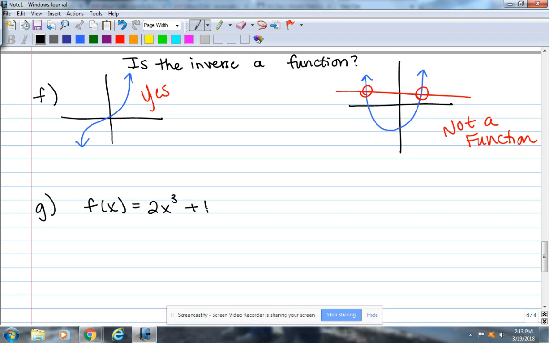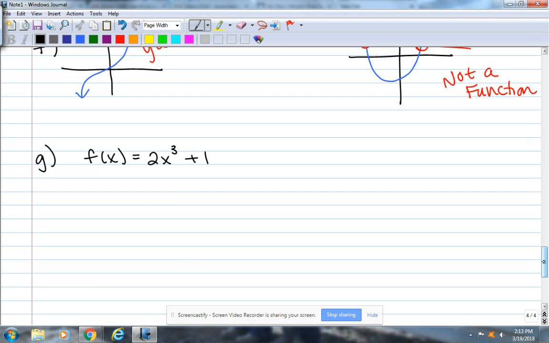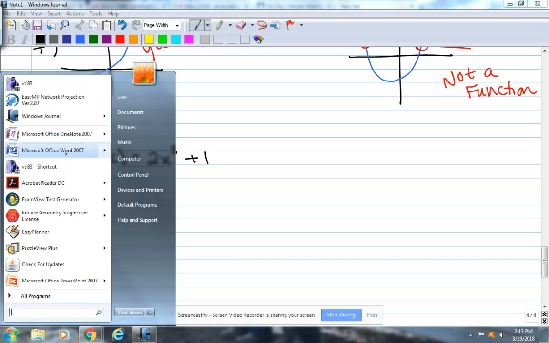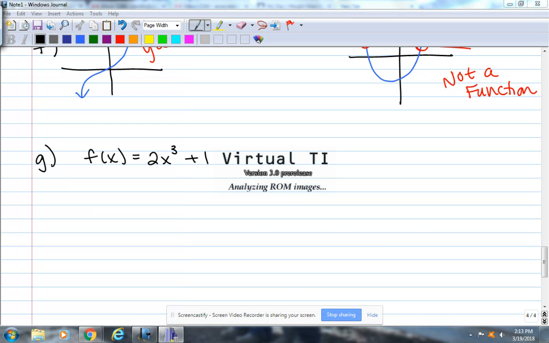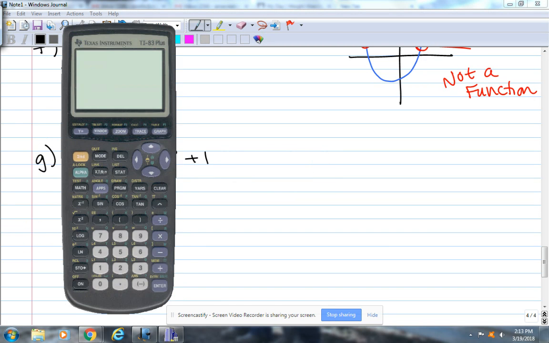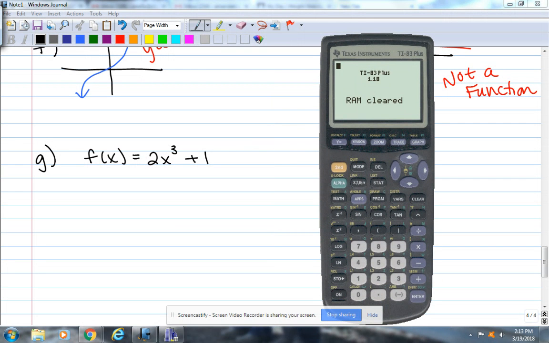So turn on your calculators. Let me get mine turned on. Go to y equals and clear it out. You don't want plots turned on.